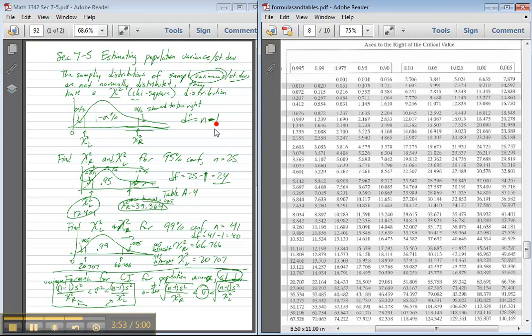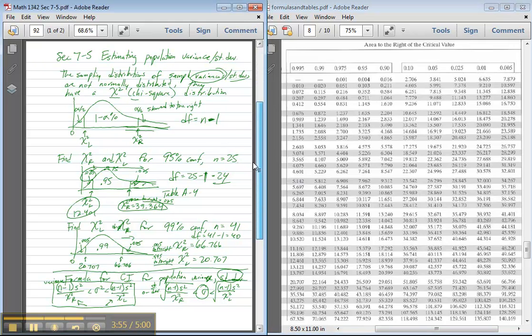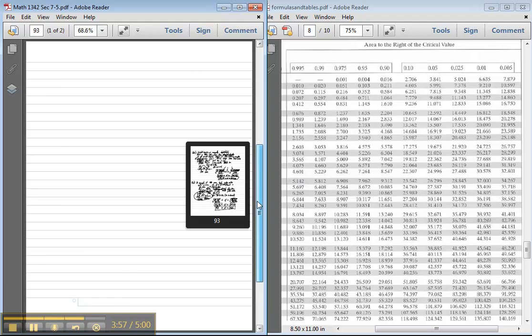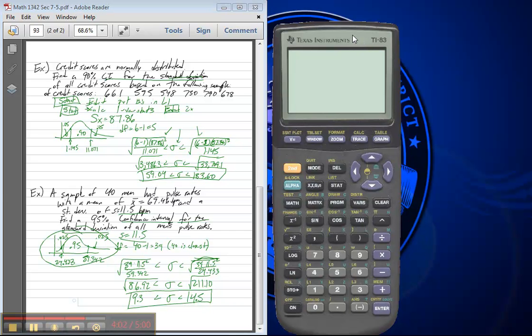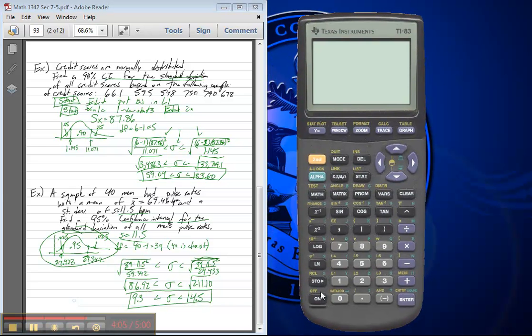We were also looking at calculating confidence intervals in this section for these types of problems. To do that, sometimes we had to calculate a sample standard deviation. So I wanted to remind you of how to do that one more time. We've done this before way back in Chapter 3, but since it's maybe been a little while, I wanted to remind you. Under Stat, we'll go to Edit and enter our data in there.